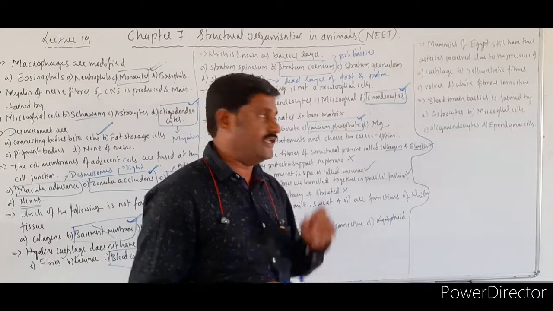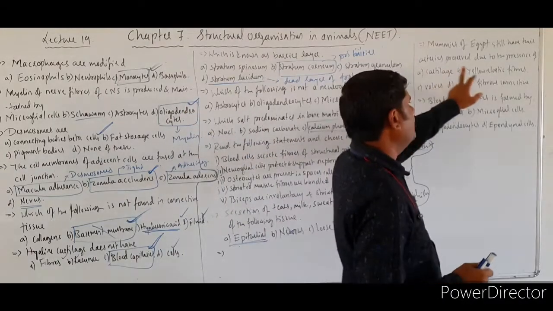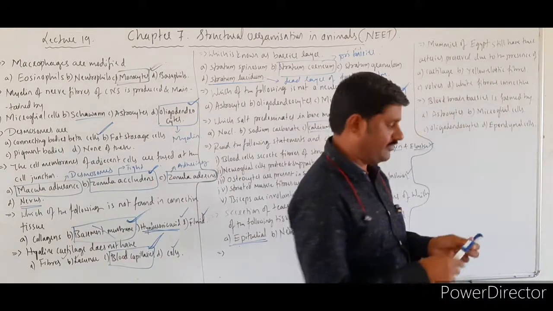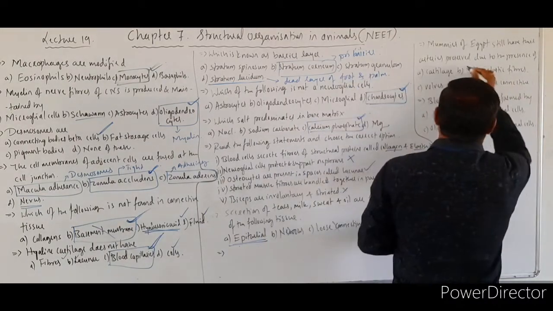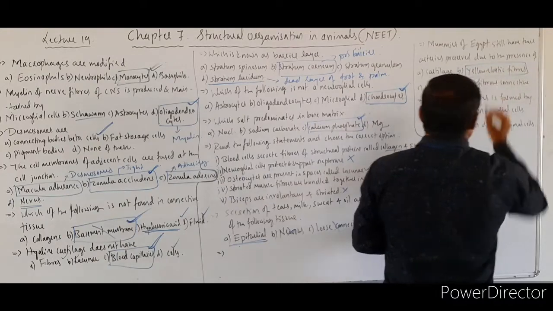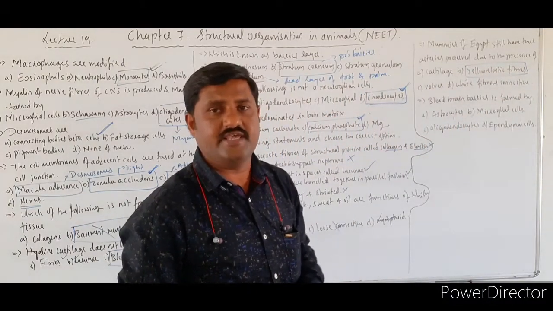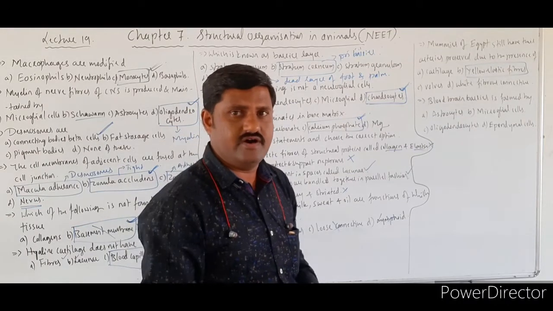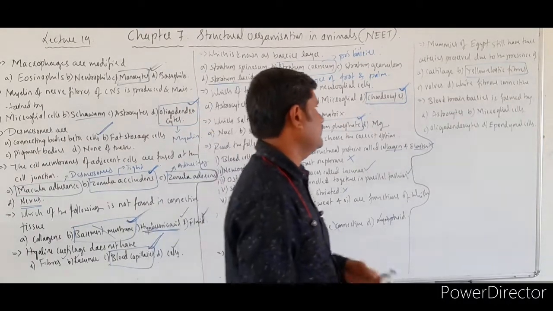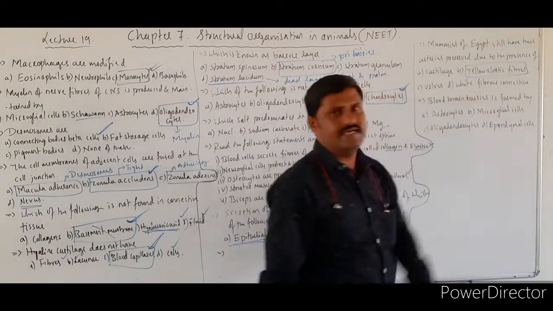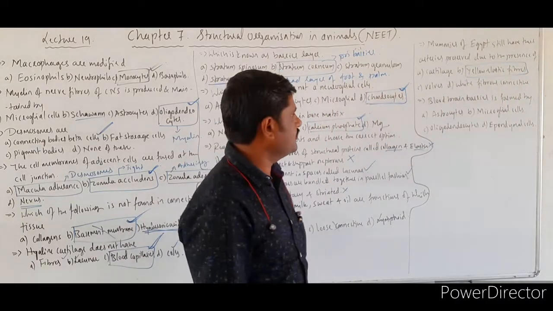Especially cartilage is given now. Yellow elastic fibers is the correct answer for this question. Why? Because these are the fibers which do not undergo degradation for a long period if they are not exposed to any air or outer environment, right? Walls, white fibrous connective tissue. This is the correct answer for this question.